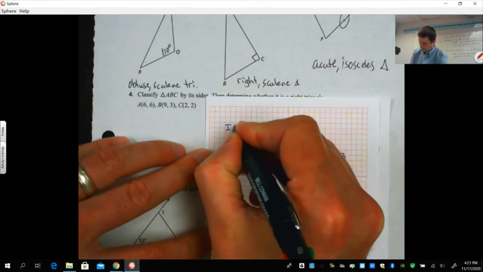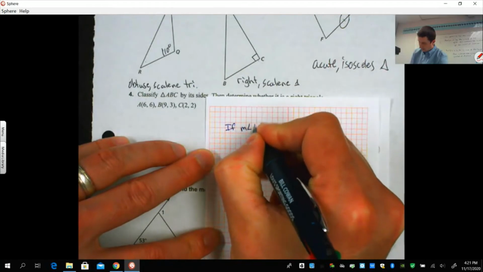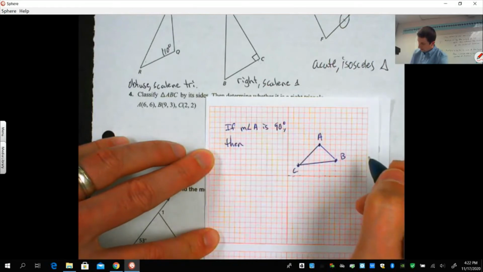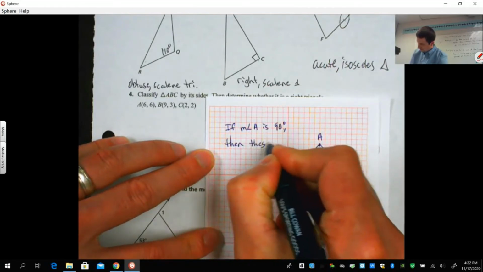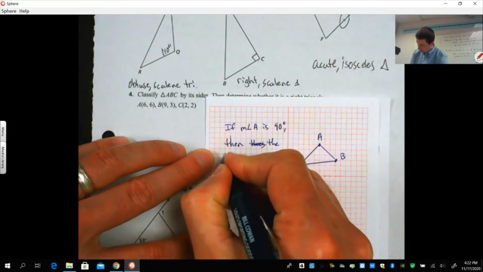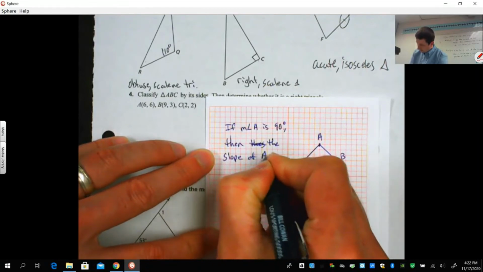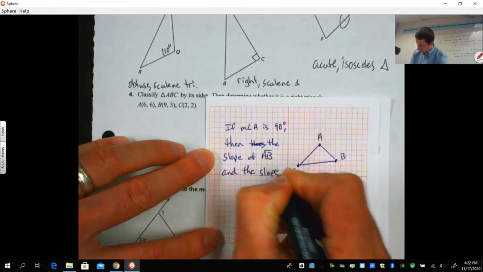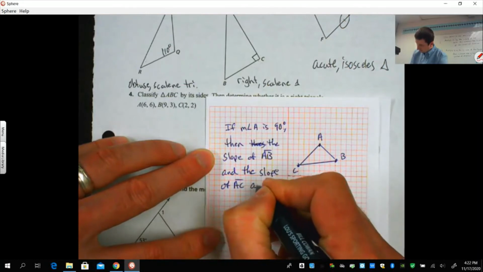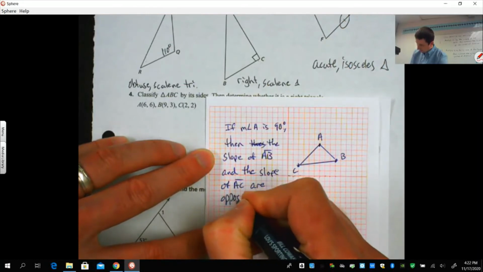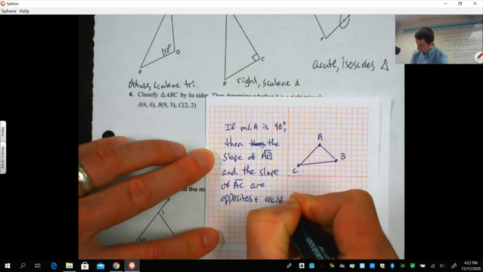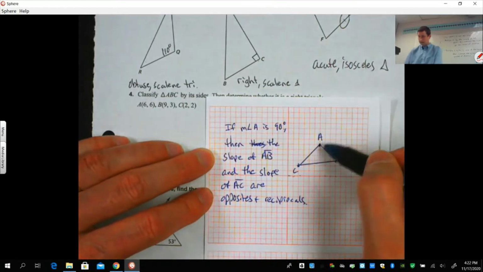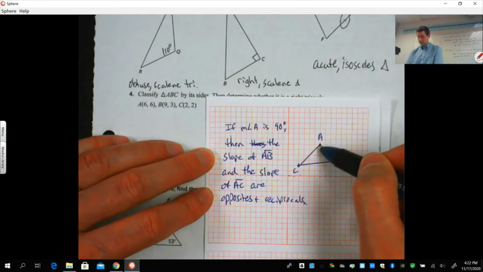So if the measure of angle A is 90, then the slope of AB and the slope of AC are opposites and reciprocals. The word we'd use there is that they are perpendicular. So if that is a 90-degree angle, these two lines would be perpendicular.